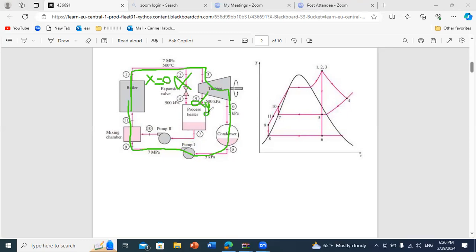Okay. And in this case, my utilization factor is similar to the thermal efficiency. Because when we say utilization factor, it's the useful energy. So whenever they tell you utilization factor, UF, it is the useful energy that I produce.